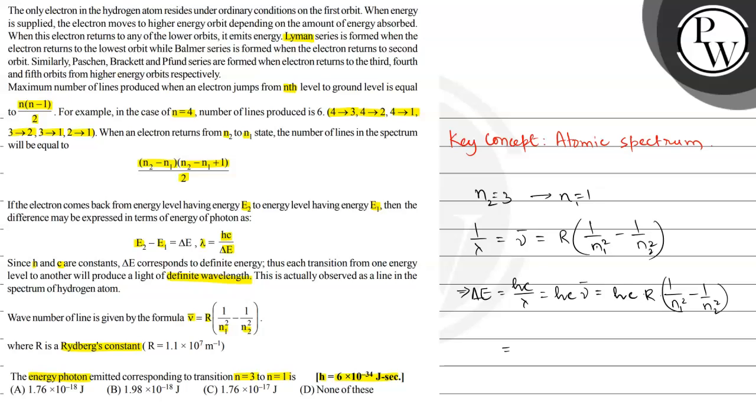So if we put values here, then the value of h is 6 multiplied by 10 raised to the power minus 34 joule second, multiplied by c, which is 3 into 10 raised to the power 8 meter per second, multiplied by R. The value of R is 1.1 into 10 raised to the power 7 meter inverse, multiplied by 1 by n1 square. n1 square is 1, so 1 divided by 1 square minus 1 by n2 square, which is 3, so 1 by 3 square.